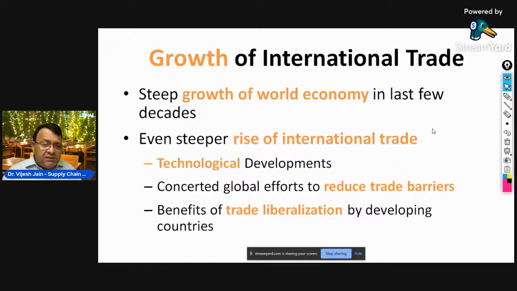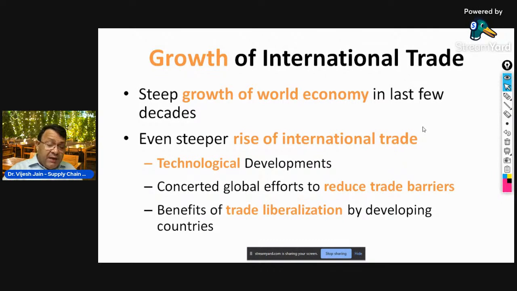What is happening is that the business is becoming more complex, more competitive, and in the international market we have almost like hyper competition. So in such a scenario, the volumes are big, business is big, but the margins may be low.